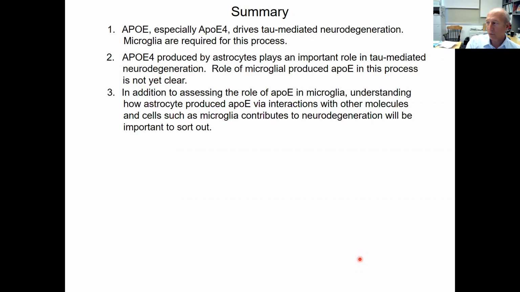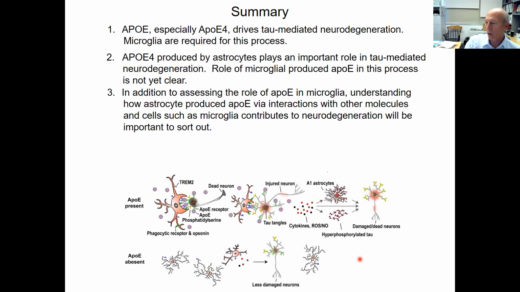So in addition to assessing the role of APOE in microglia, I think understanding how astrocyte produced APOE, via interactions with other molecules and cells such as microglia, contributes to neurodegeneration is going to be important to sort out.